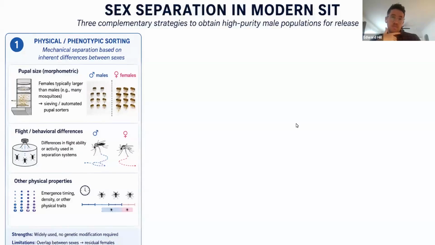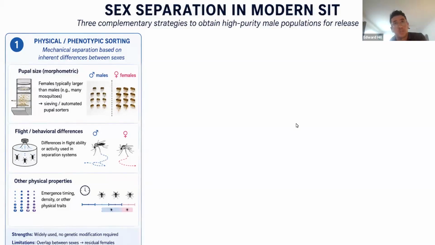So as I mentioned, I think the biggest question is, how do you do this at an industrial scale? How do you separate the sexes? In other insects we can rely on phenotypic differences. Female and male mosquitoes look so much different.